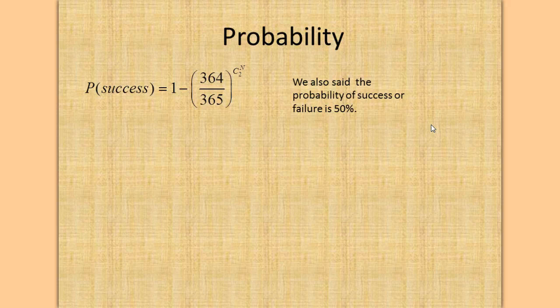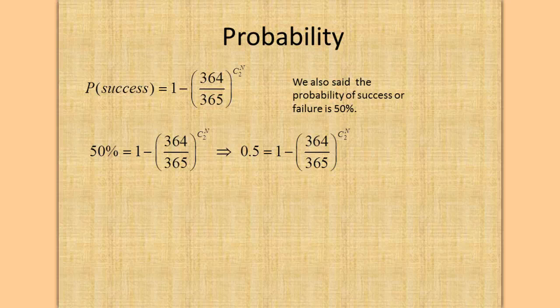We also say the probability of success or failure is 50%. So we'll put in 50% for the probability of success, and that equals 1 minus our equation, 364 divided by 365, raised to some power of a combination.